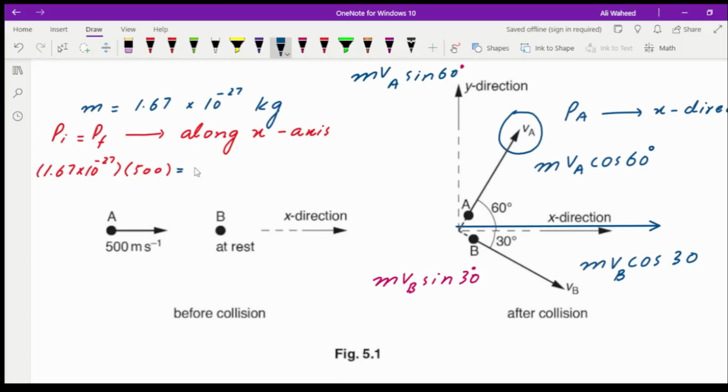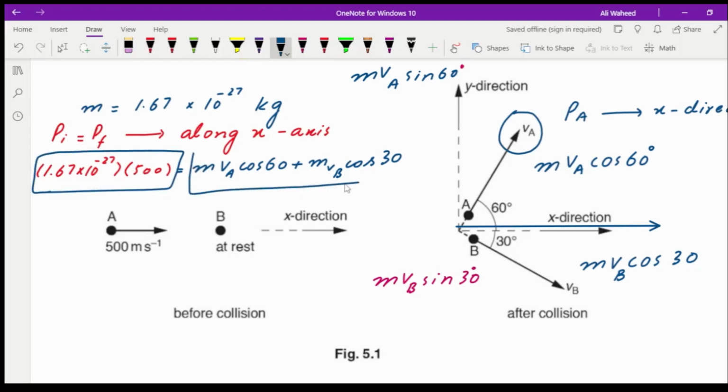Equals M VA cos 60 plus M VB cos 30. So this is the initial momentum before collision along x-axis, and this is the final momentum or momentum after collision along x-axis.